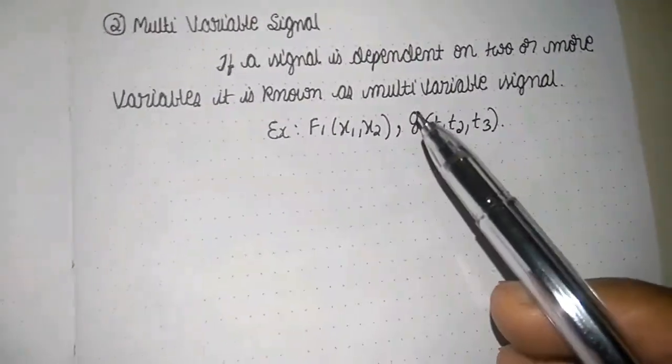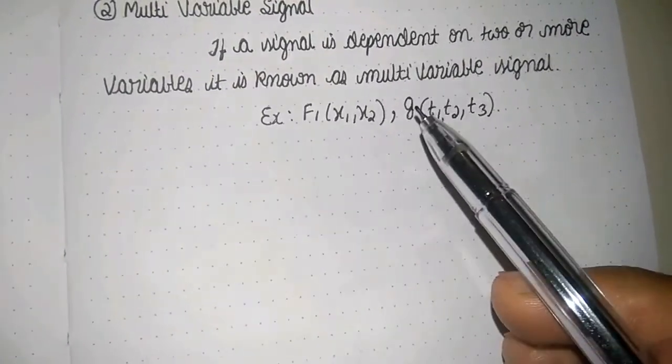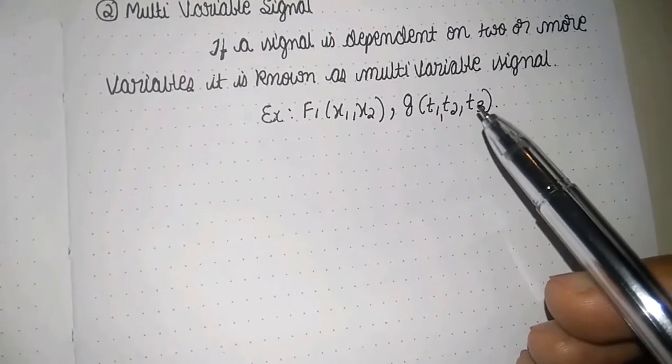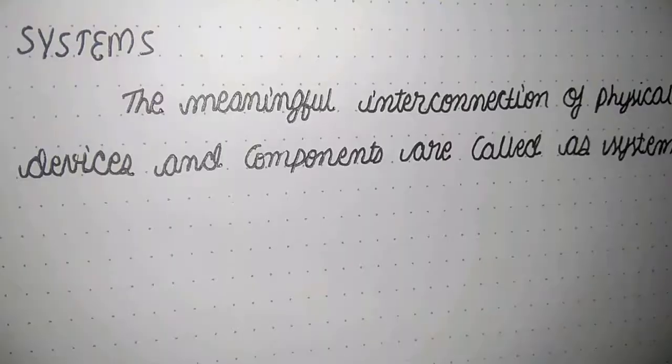And the other example, g of t1, t2, t3, is dependent on three variables, that is t1, t2, t3. These types of signals are multivariable signals.